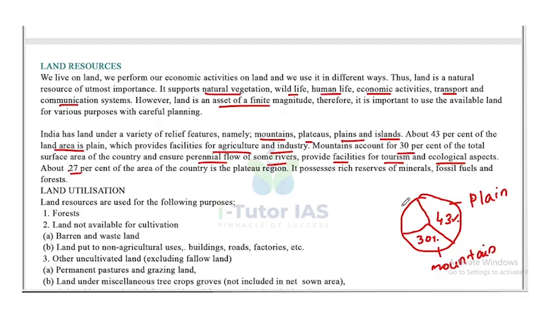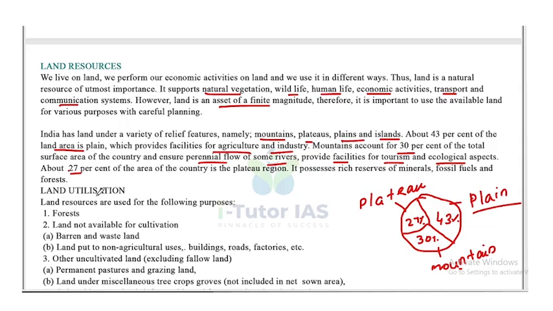And the rest, 27%, is plateau. So this is the distribution of land. 43% is plain area, then 30% is mountain, and 27% is plateau. It possesses rich resources of minerals, fossil fuels, and forest.